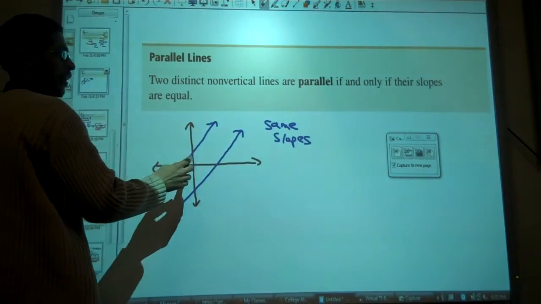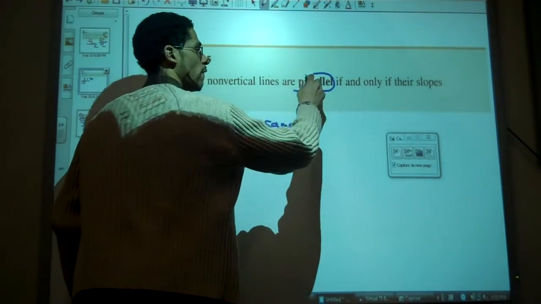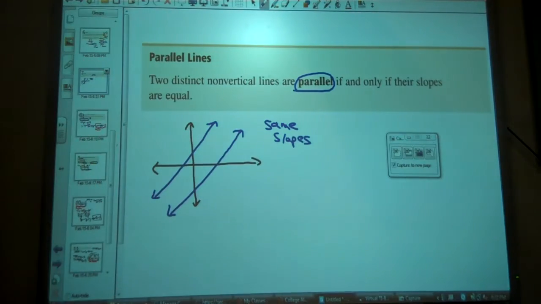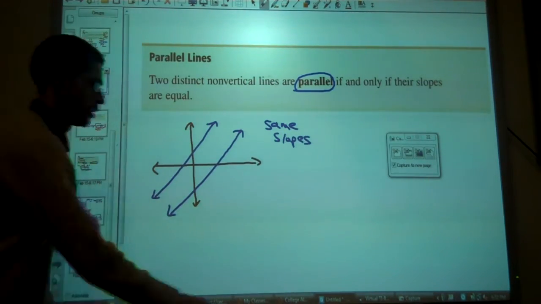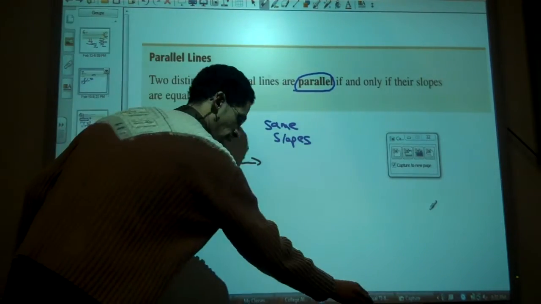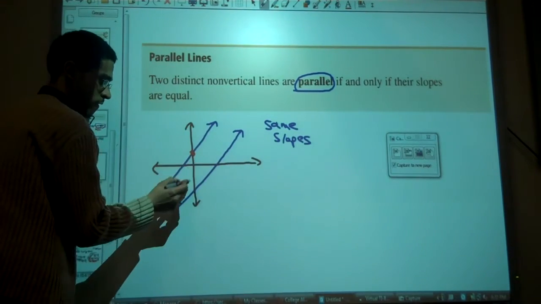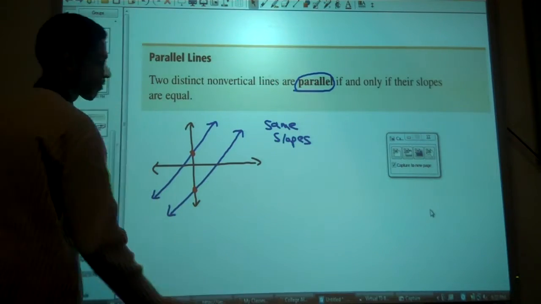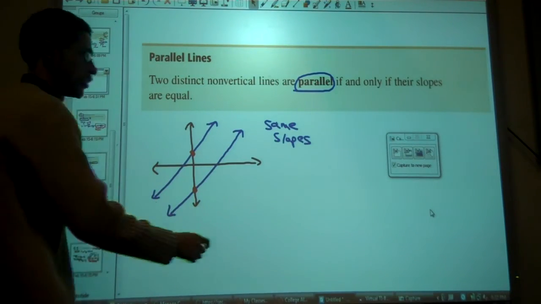Okay, they're called parallel lines. They have the same slopes, just different intercepts. They'll never intersect.